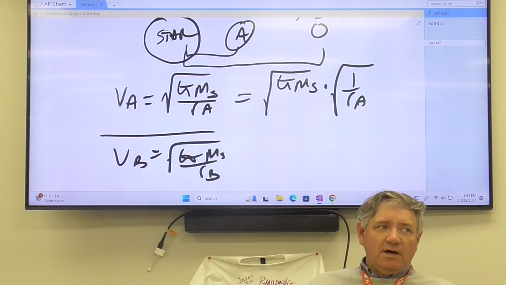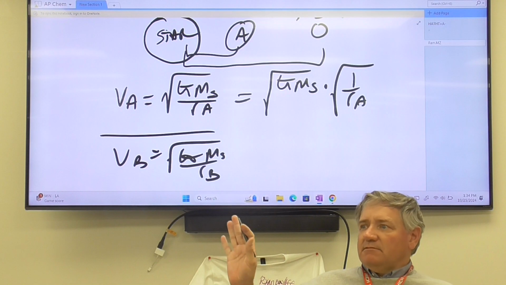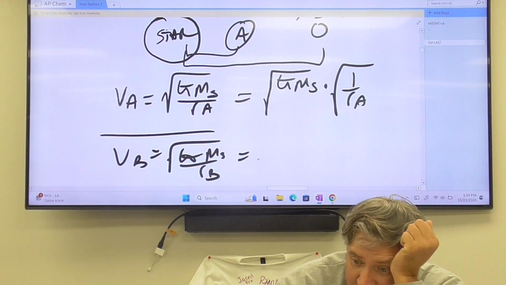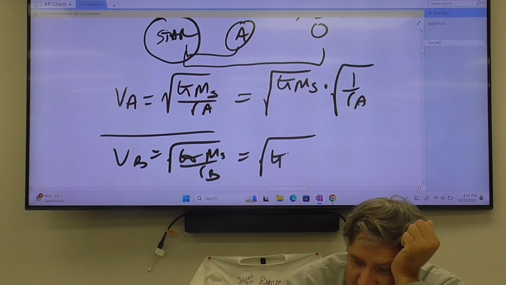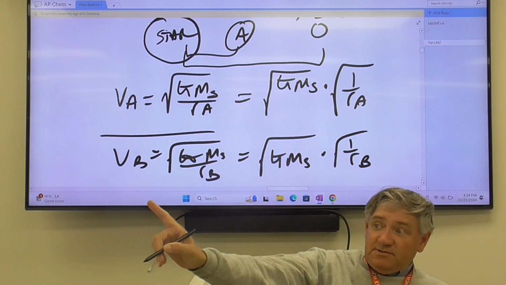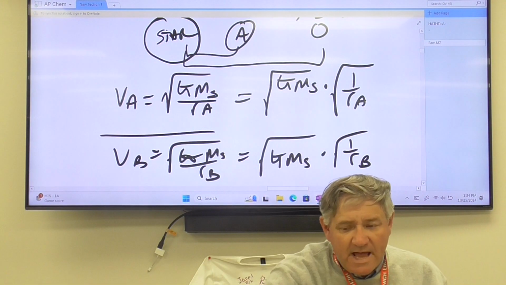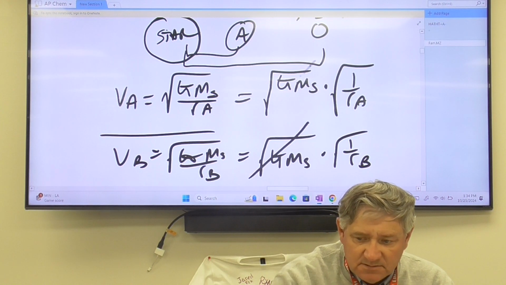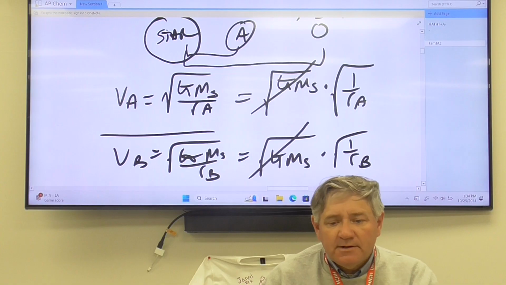It's not violating any laws at all. Could I do the same thing down here? Yes. Big G, mass of the star, times 1 over RB. If I do it this way, and this is why I do it this way, what's going to happen to that constant? The constants go. The constant goes away, right?